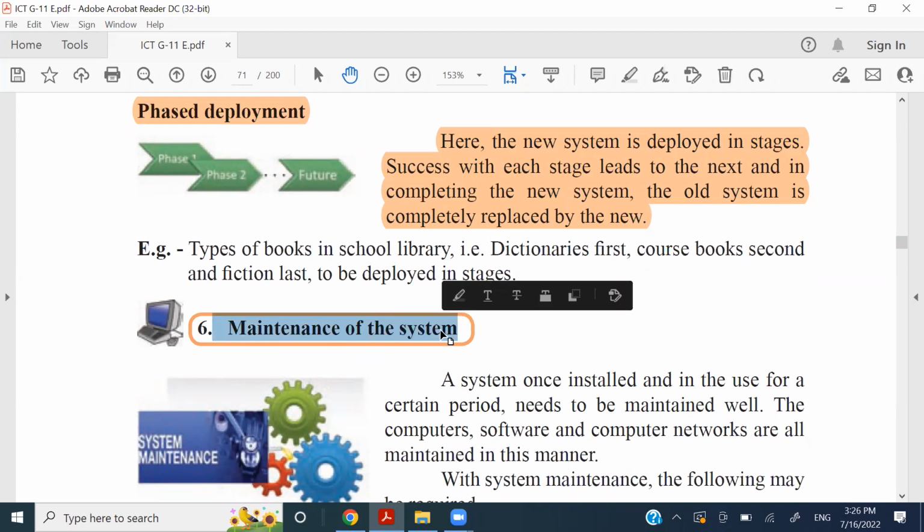If you are done with the phase deployment, let's go with the main heading, the sixth phase, maintenance of the system.